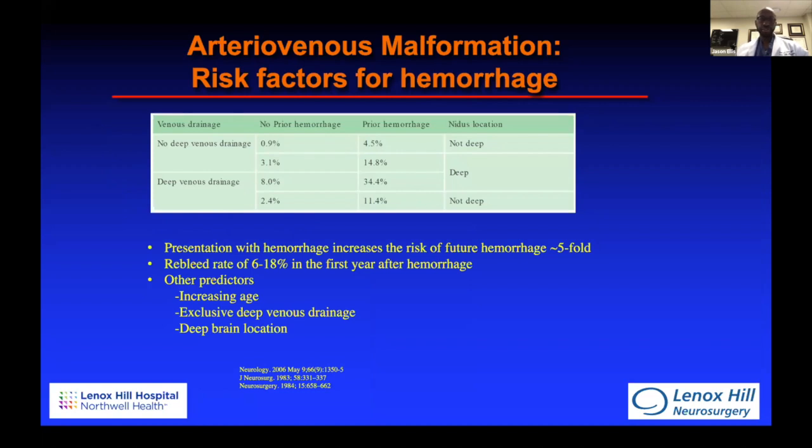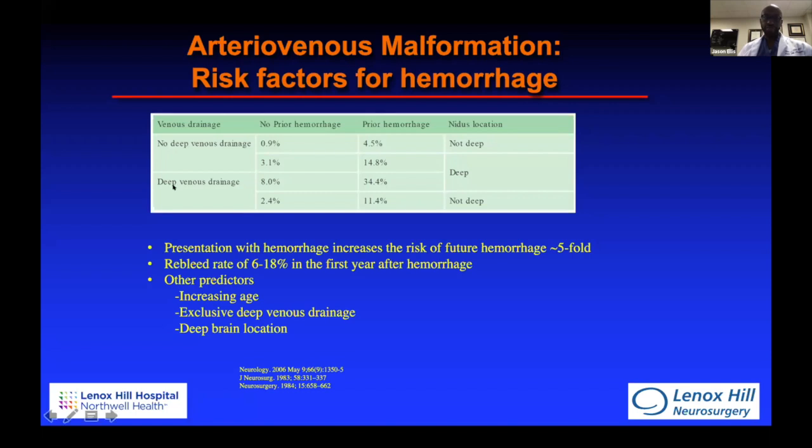Risk factors for bleeding: a prior hemorrhage. If you had a prior hemorrhage from an AVM, you're more likely to have another one. So that's similar to the cavernous malformation tendency to bleed within the first 2 years. For some reason, AVMs show a very similar characteristic.